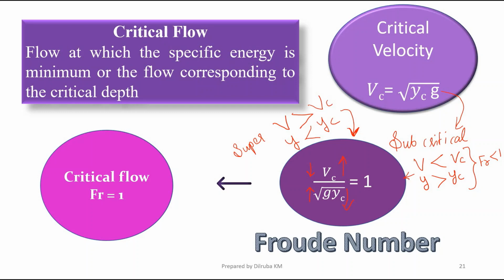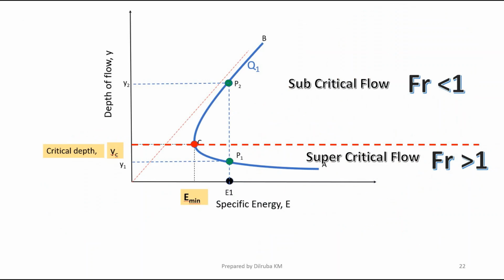So we can say the Froude number corresponding to supercritical flow will be greater than 1. Let us conclude from this specific energy curve: for subcritical flow, the Froude number will give a value less than 1, and for supercritical flow, the Froude number will have a value greater than 1.